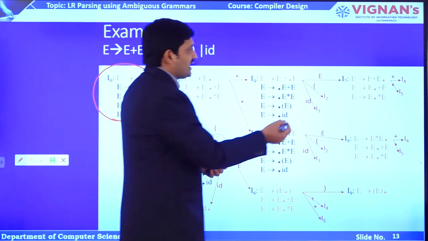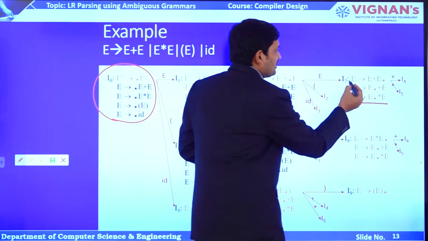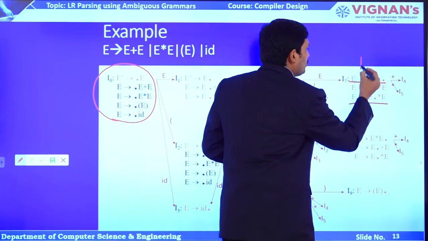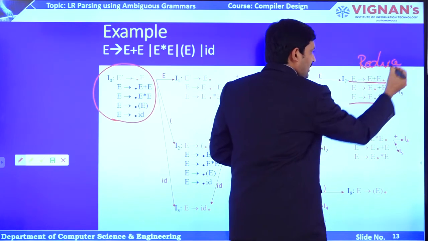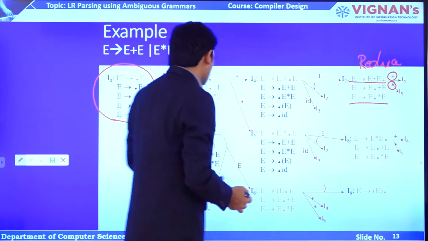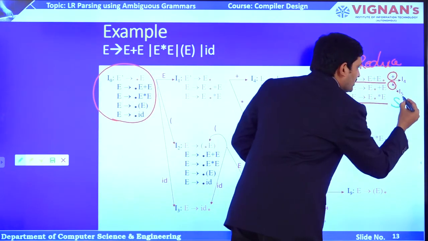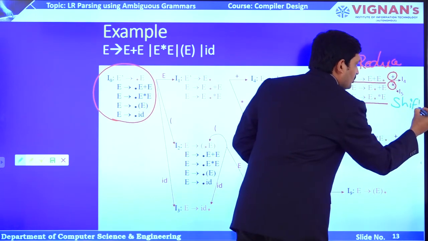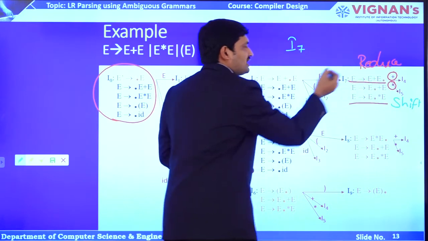So, now come to the I7 state that we showed in the parse table. Because of this particular production, we have to write the reduce operation, but here there are 2 more shift operations depending upon plus and star, which indicates we have to write the shift operation in the parse table. So, for the I7 state, this is the LR0 parser.